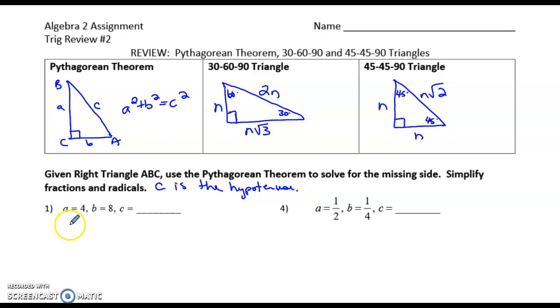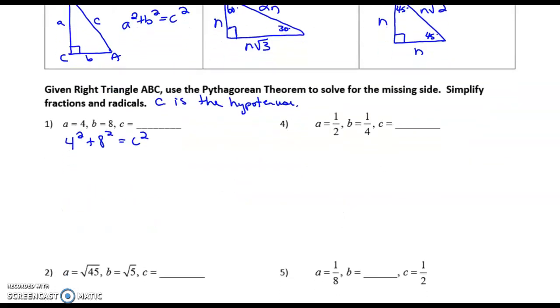All right, so we have A squared plus B squared equals C squared. So if we simplify that, we get 80 equals C squared. Remember, we can take the square root of both sides.